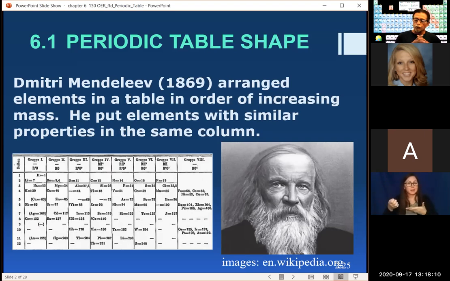His order of his table was strictly based on observation, observing the reactions and similarities, and he came up with his periodic table way back when. He actually predicted the existence of, at that time, 10 other elements, of which 8 were shown to be the case. But he's attributed to creating the first periodic table.